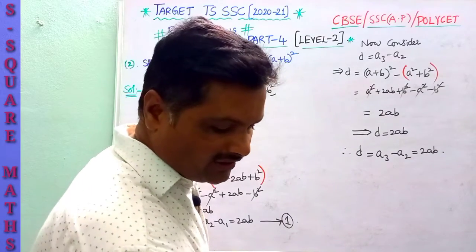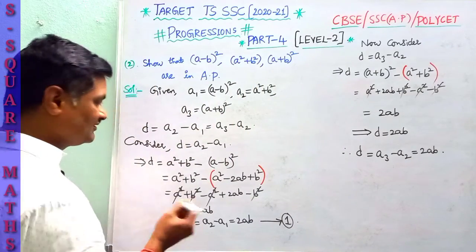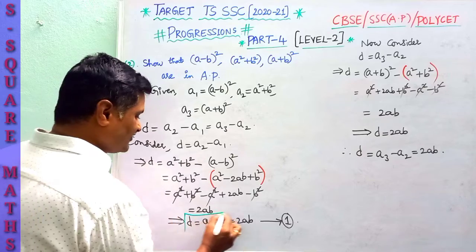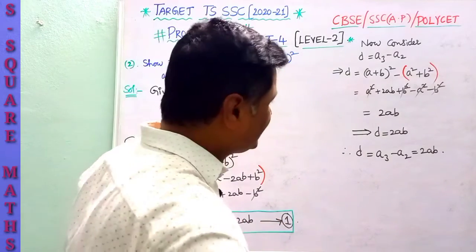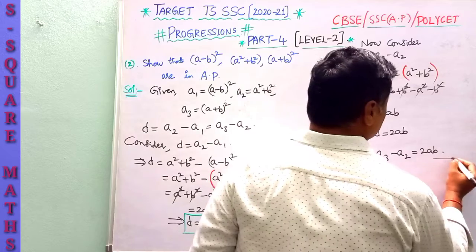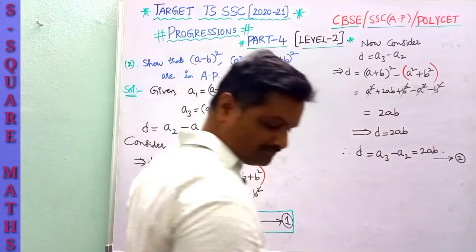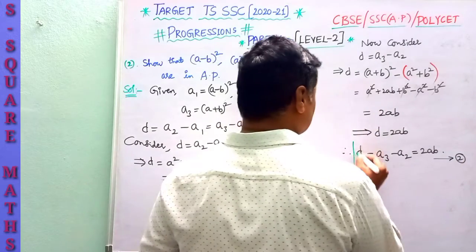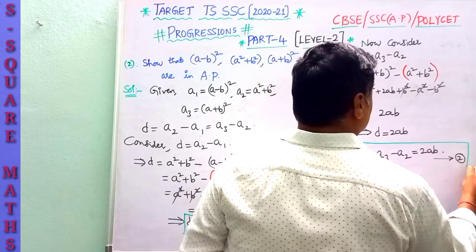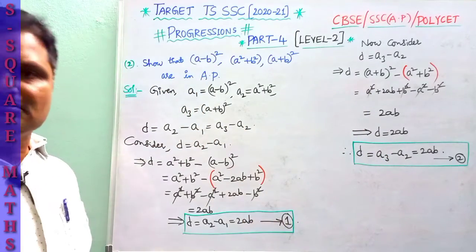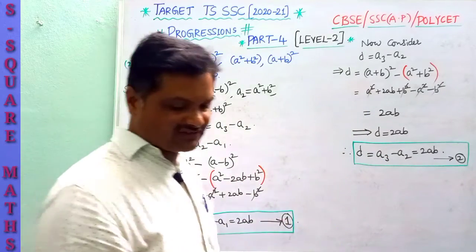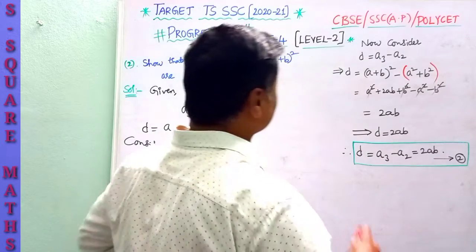Okay. Now if you observe carefully, this is our first equation. We got our common difference, and here also the second equation, that is also the same. If you observe equations 1 and 2, from 1 and 2 what can I say here?